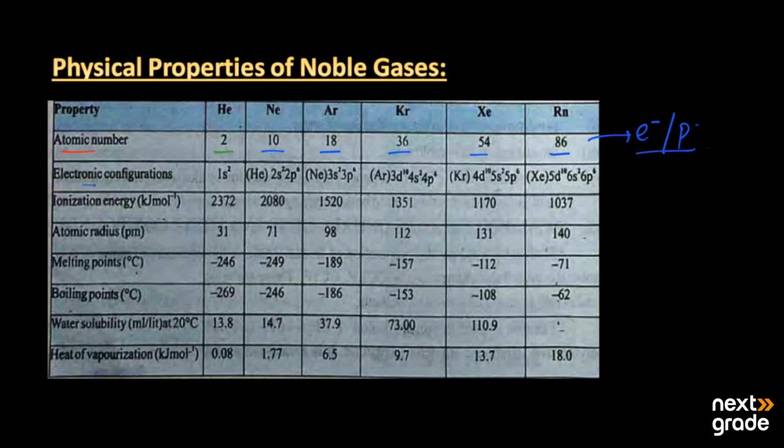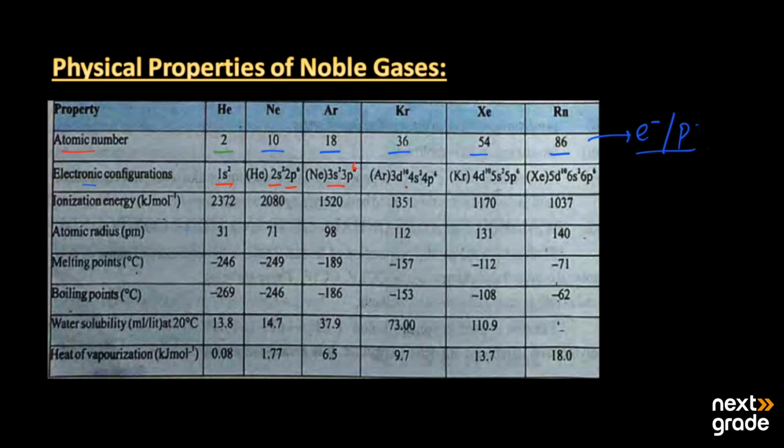After this we have their electronic configuration. The first one is helium. It contains two electrons, so its electronic configuration is 1s2. On the other hand, we have neon. Its atomic number is 10, so it contains 10 electrons, and its valence shell contains 8 electrons, like 2s2 and 2p6. Likewise, argon, its valence shell will be 3s2, 3p6.